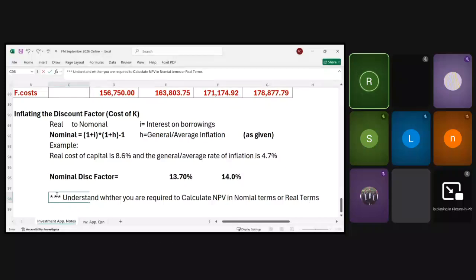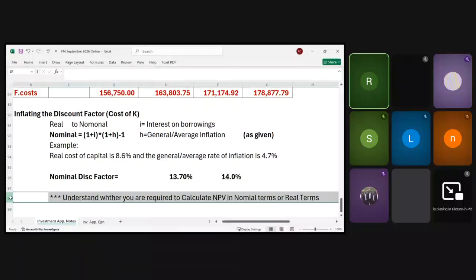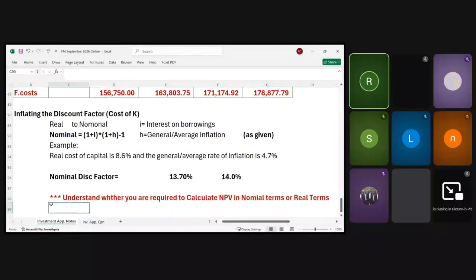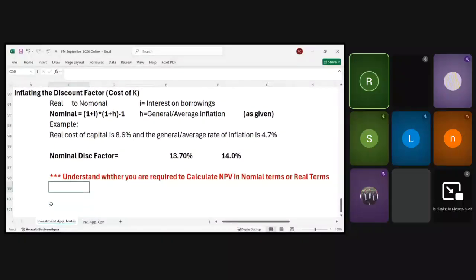It's not always the case that the question requires you to calculate in nominal terms. Sometimes the question might require you to calculate in real terms. If in nominal terms, inflate everything. If in real terms, do not inflate anything.